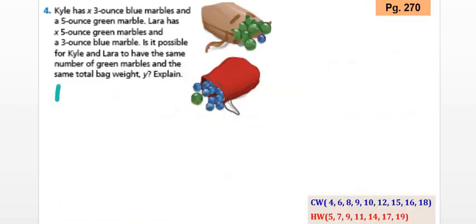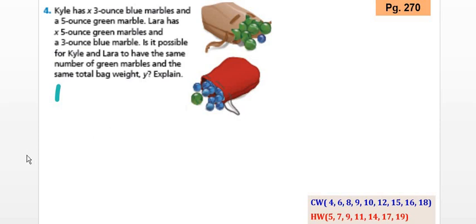So let's solve one question now from the lesson. It says Kyle has x 3 ounce blue marbles and 5 ounce green marbles. Lara has x 5 ounce green marbles and 3 ounce blue marbles. Is it possible for Kyle and Lara to have the same number of green marbles and the same total bag weight?